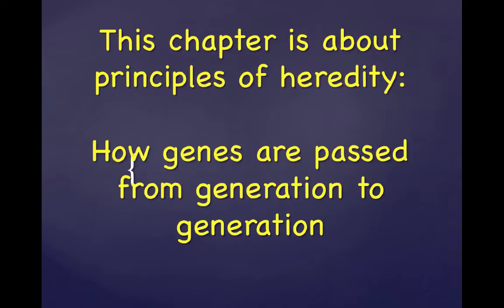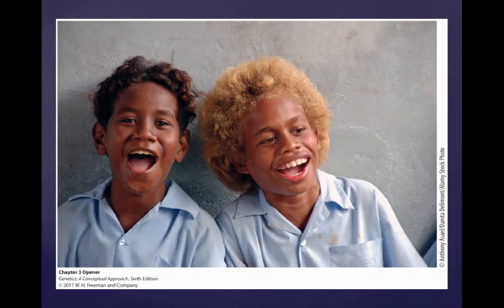All right, so this chapter is really all about the principles of heredity, so how genes are passed from generation to generation. So the example that the book started out with was with the Solomon Islanders in the Pacific, and these islanders tend to have pretty dark skin and dark hair. However, there is a large population of the islanders that actually are born with blonde hair.